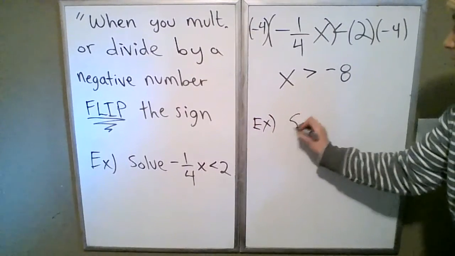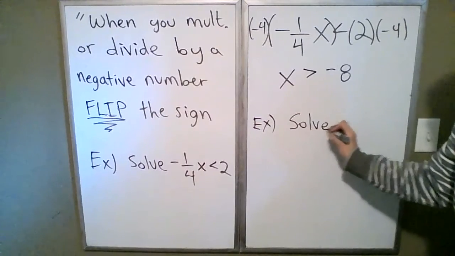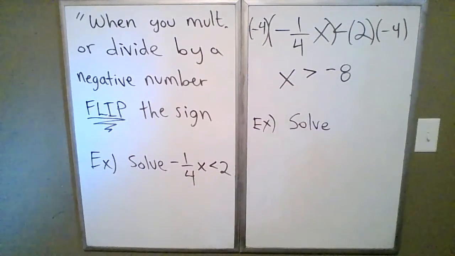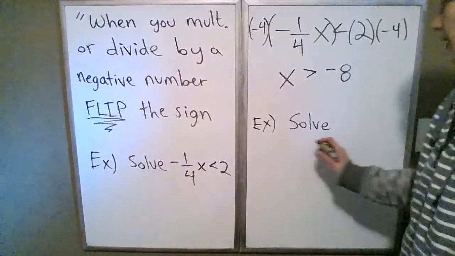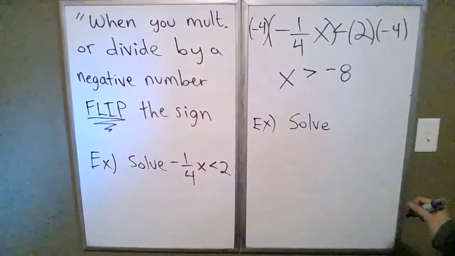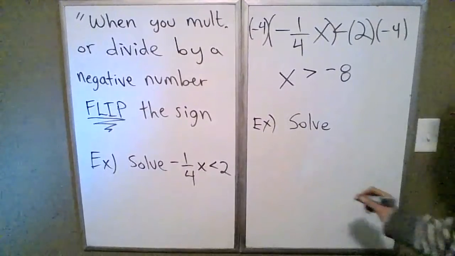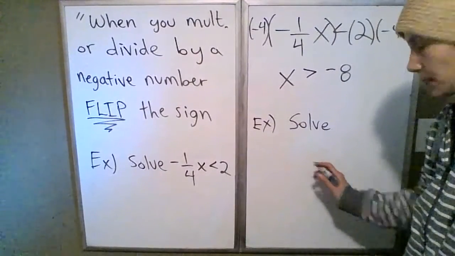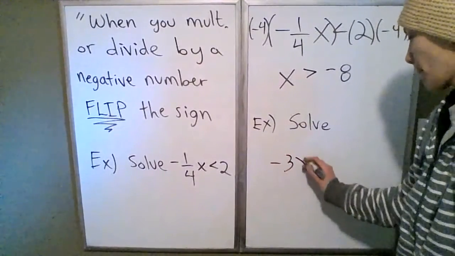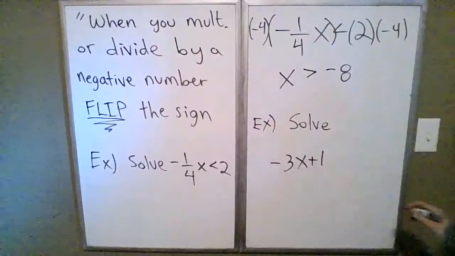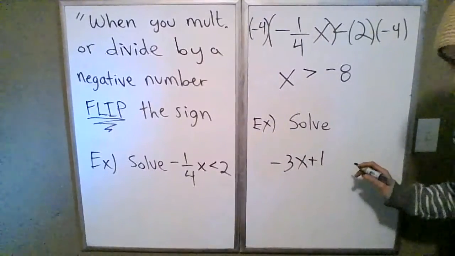Solve -3x plus 1 less than or equal to 7.